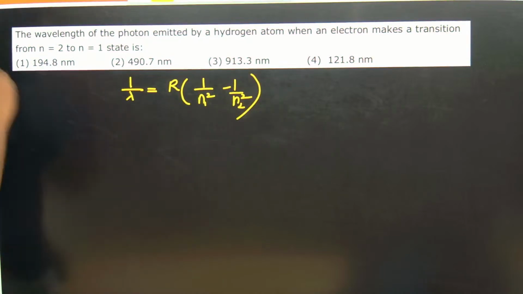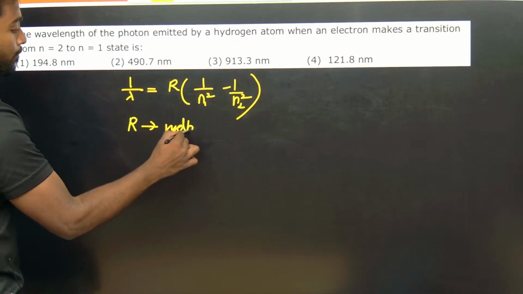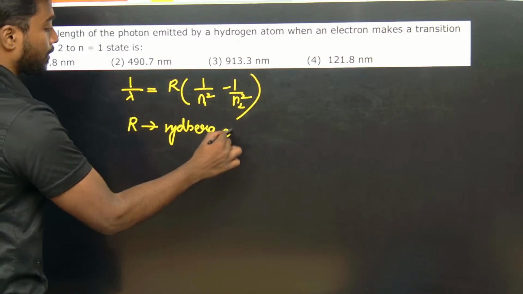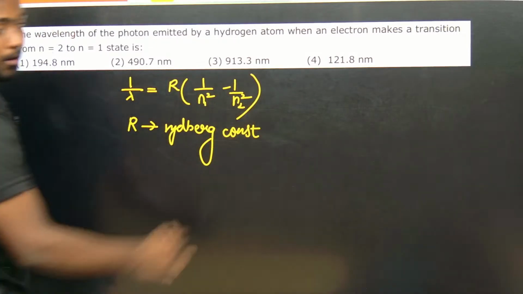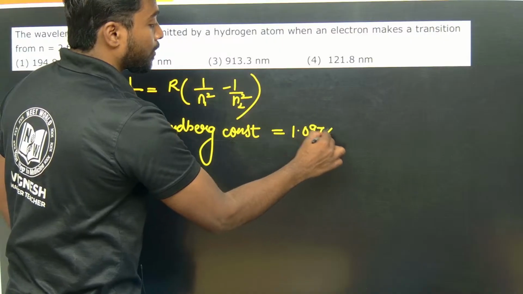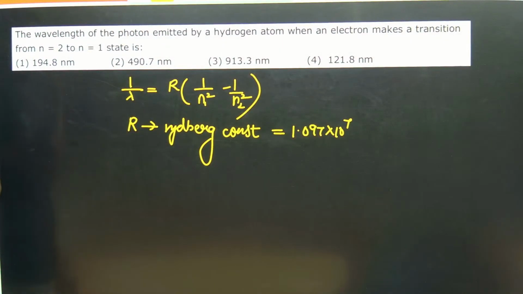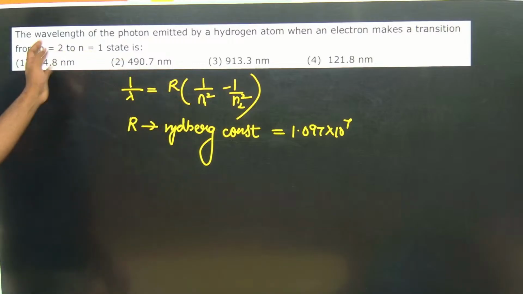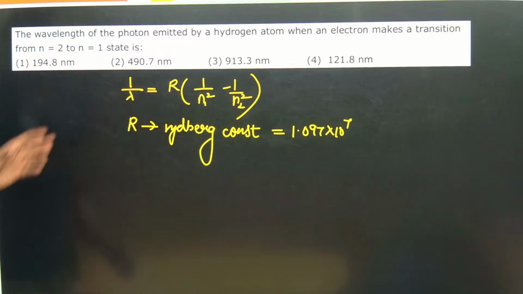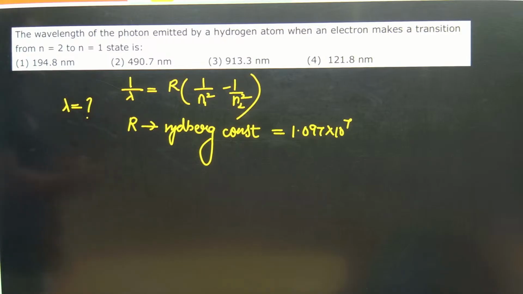Now what is R? It's the Rydberg constant. What is the value of the Rydberg constant? It is 1.097 into 10 power 7. Remember these values. Now n1 is 1, n2 is 2. I will substitute those values and I need to find lambda. That is the main motive of this question.